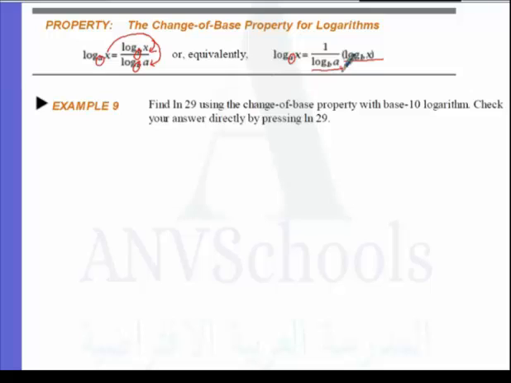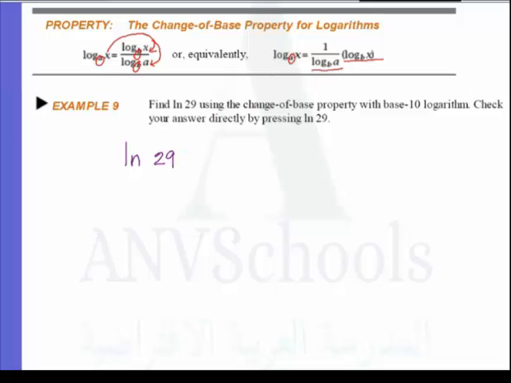Find the natural logarithm of 29 using the change of base property with base 10 logarithm. Check your answer directly by pressing ln of 29. So our given expression here is ln, or natural logarithm of 29. And we are asked to have it with base 10 logarithm. So how do we do this?